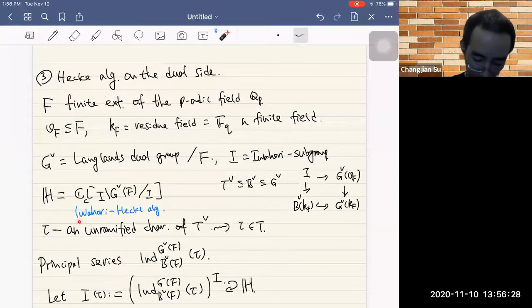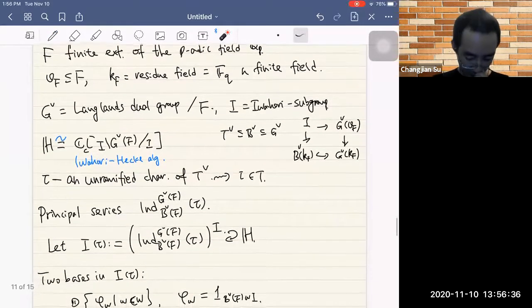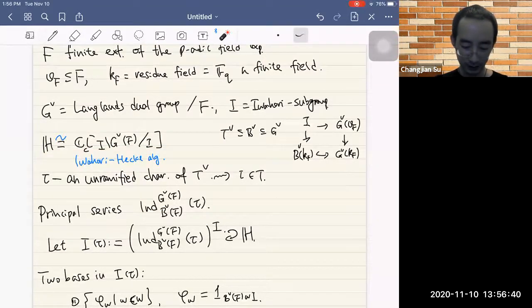And it turns out this algebra is isomorphic to our previous Hecke algebra, this affine Hecke algebra. Anyway, so this is the analog of the equivariant K-theory of the Steinberg variety on the dual side. But our stable basis lives on the equivariant K-theory of the cotangent bundle of the flag varieties, not the Steinberg variety.